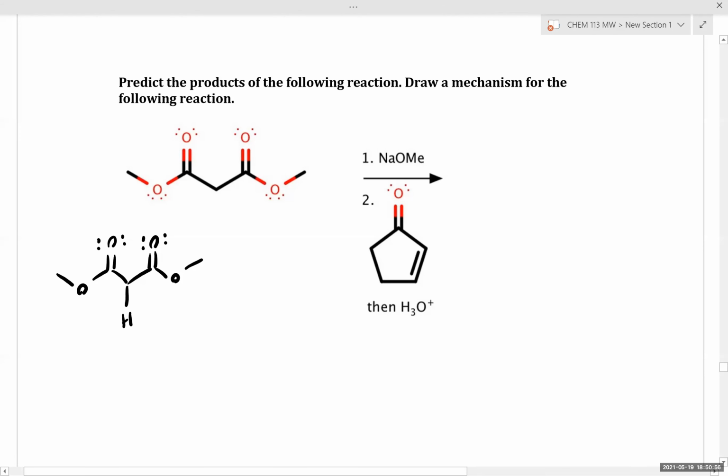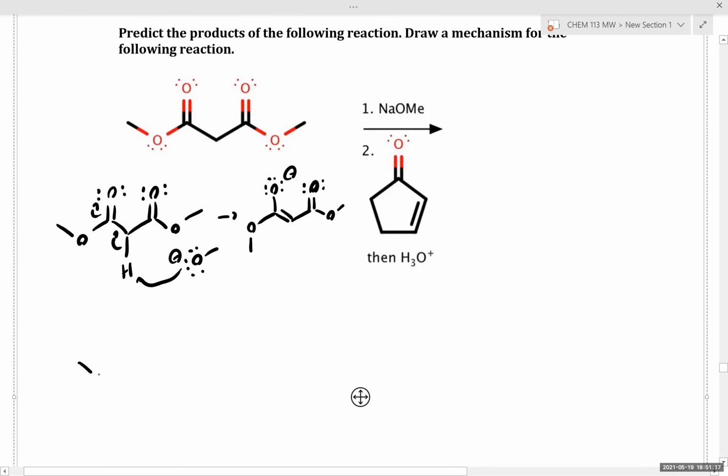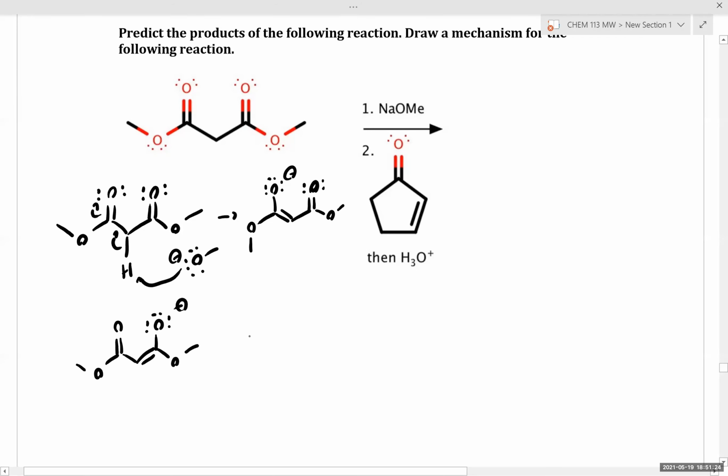Okay, so we have our malonic ester. We treat with methoxide, that in turn gives us our enolate. From here, our enolate can react with electrophiles, such as our electrophilic beta position of our enone, to generate our conjugate addition product.